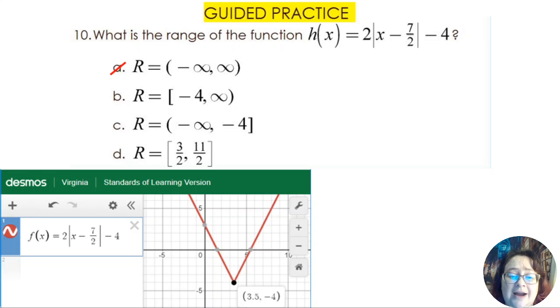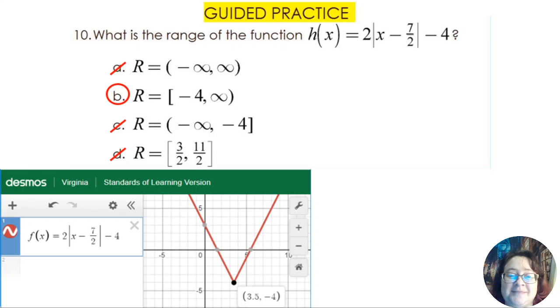Well, I can look at the graph, and I can see that the vertex goes from -4 for y, and it goes up. So from there, I don't see those fractions. I'm not going to use them, so I'm going to mark out D. And from -4, y gets bigger, so it can go up to positive infinity. So I'm going to mark out C and pick B.